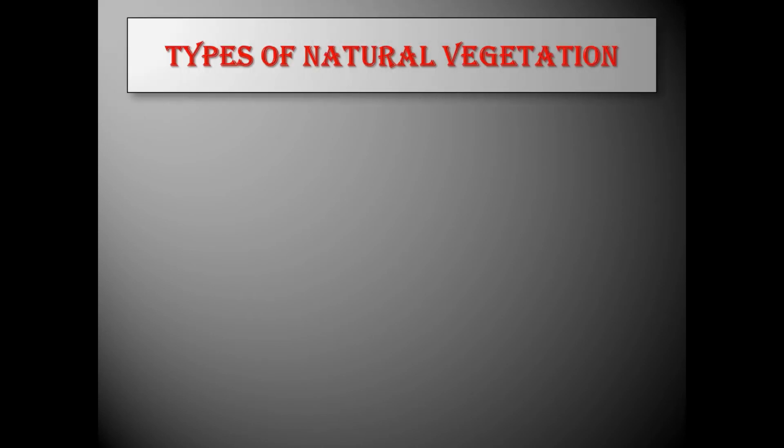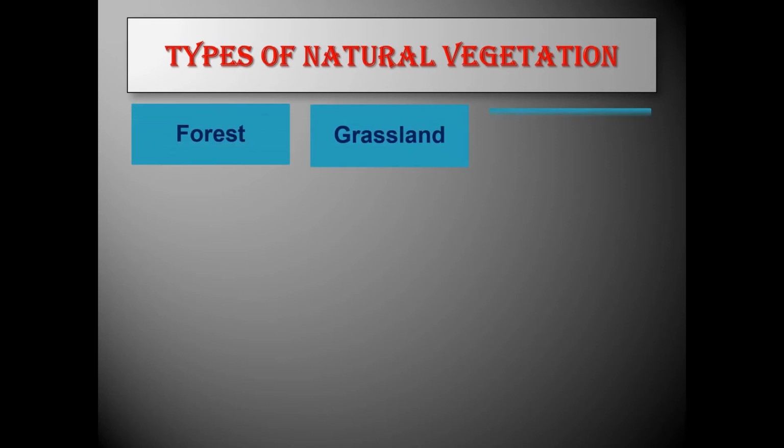So our next topic is the types of natural vegetation. We can broadly categorize natural vegetation into forest, grassland and shrubs. Forests are associated with areas having abundant water supply or heavy rainfall and huge trees, while the grasslands are areas having short stem trees and grasses that grow in the region of moderate rainfall.